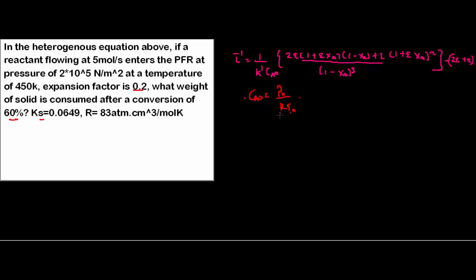Now for the R, I want you guys to notice something. Your R here was given in atm cm cubed per mole Kelvin. There's no need for you to bother your head. The pressure was given in Newton per meter squared.